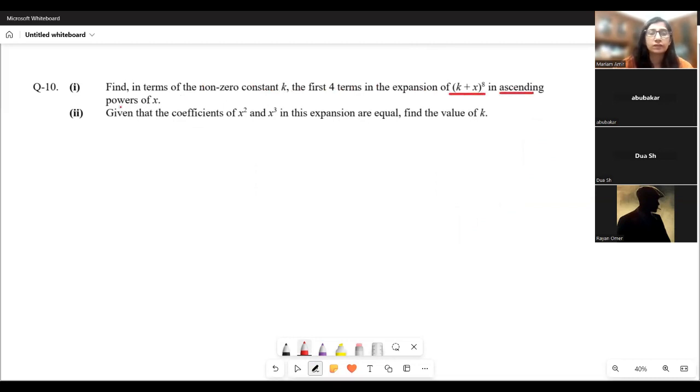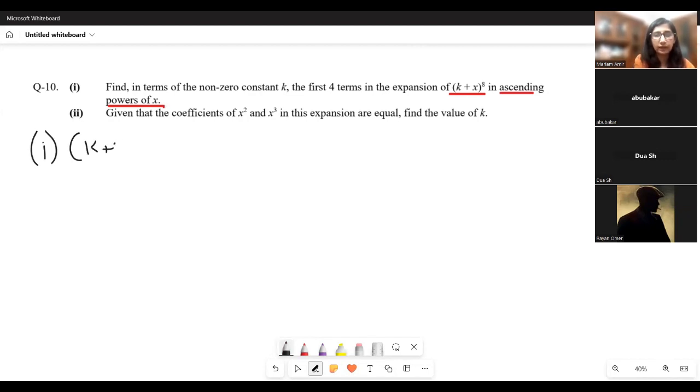All you have to do is apply binomial expansion. So part 1, (k + x) power 8. Just give me a second.